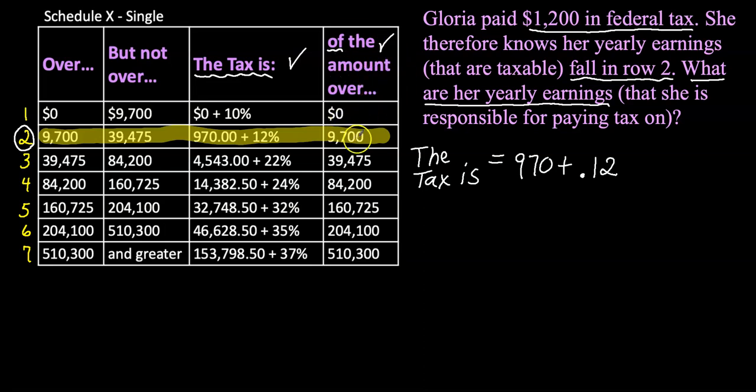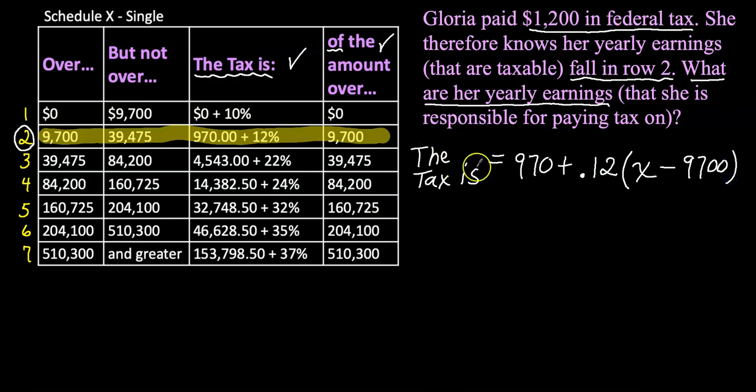So I need to figure out how much her yearly earnings are over $9,700, but I don't know her yearly earnings, so I'm going to call the yearly earnings X. And I'm going to subtract $9,700 from that. And that's my equation. That's how I set it up.